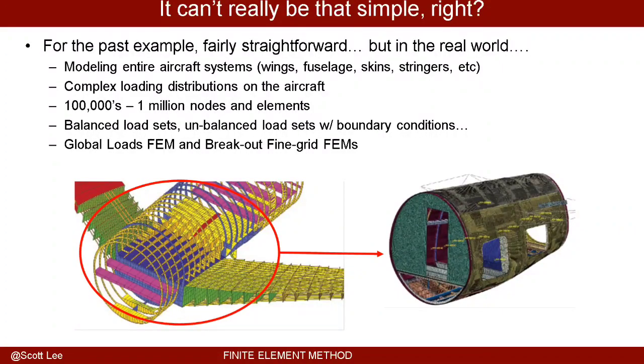I can't really zoom in, but if you were to zoom in on those corners of that turquoise cutout, we can extremely finely mesh those corners and get very accurate stress and strain values at these KT features that you wouldn't be able to get in a global loads FEM.